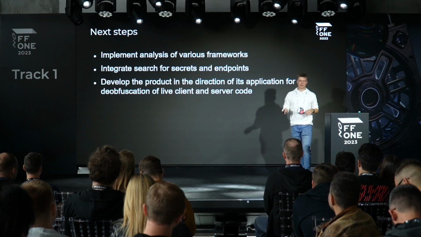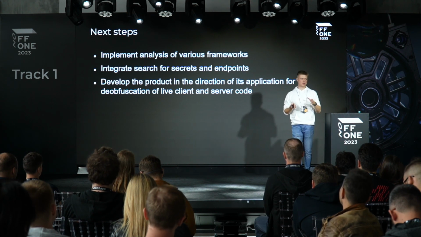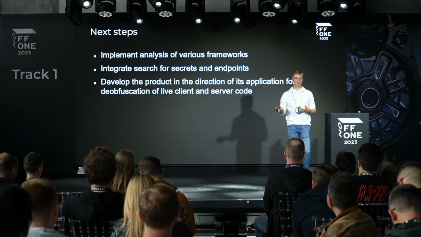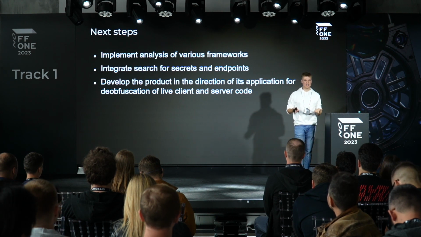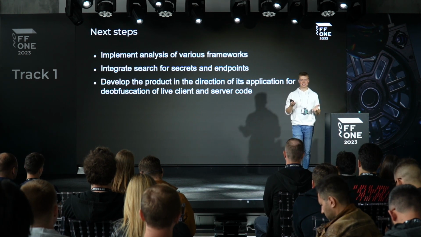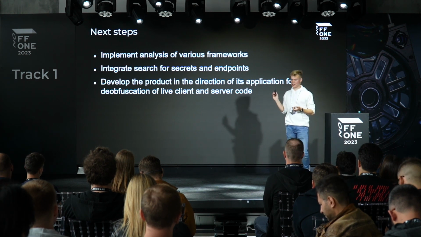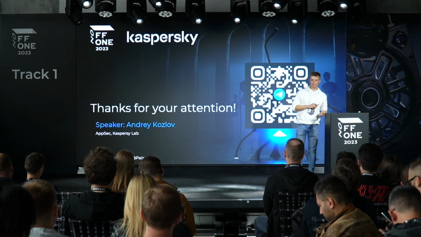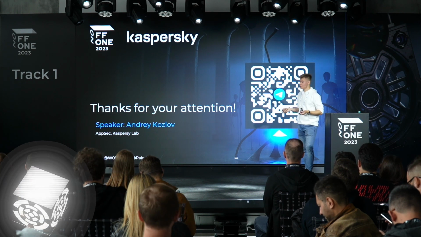And thirdly, since we analyze the code and we select which code is dead and is not used by the application, we will be able to employ this information for deobfuscation purposes. It's just an idea. I don't know how it's going to be implemented. Maybe I'll make a presentation at one of the later conferences.